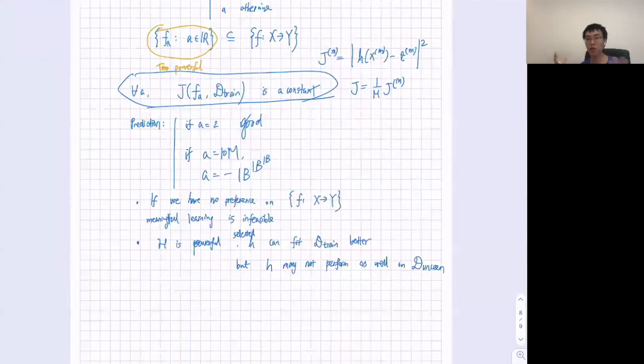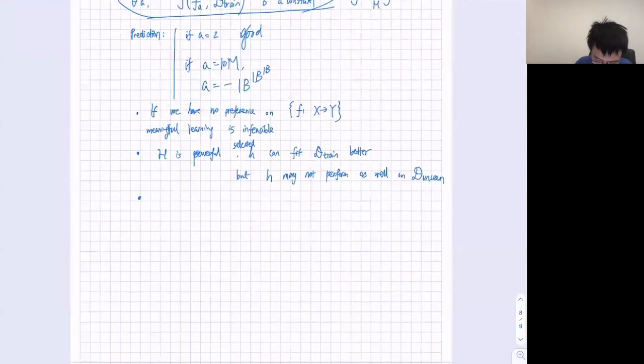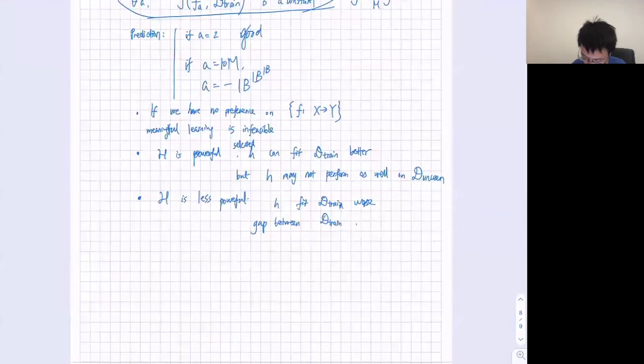On the unseen data set, it will not be as good as on the training set, right? If H is less powerful, which just means it contains fewer functions, then H fits the training set worse, but the gap between the performance of H on the training set and the unseen set is smaller, right?